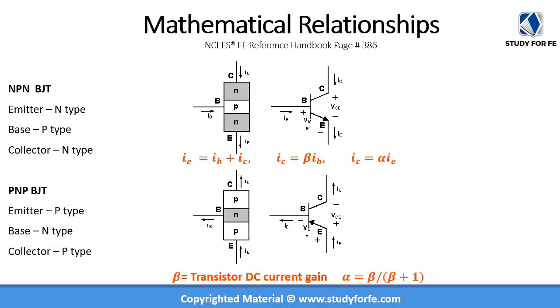In terms of mathematical relationships, it is very important to understand how the emitter current, the base current, and the collector current are connected with each other. If you look at an NPN BJT, it's pretty obvious.